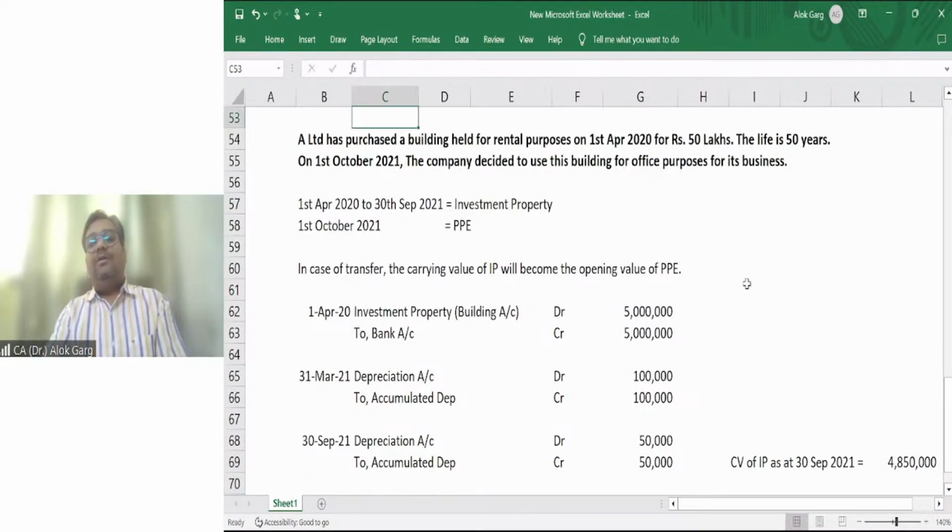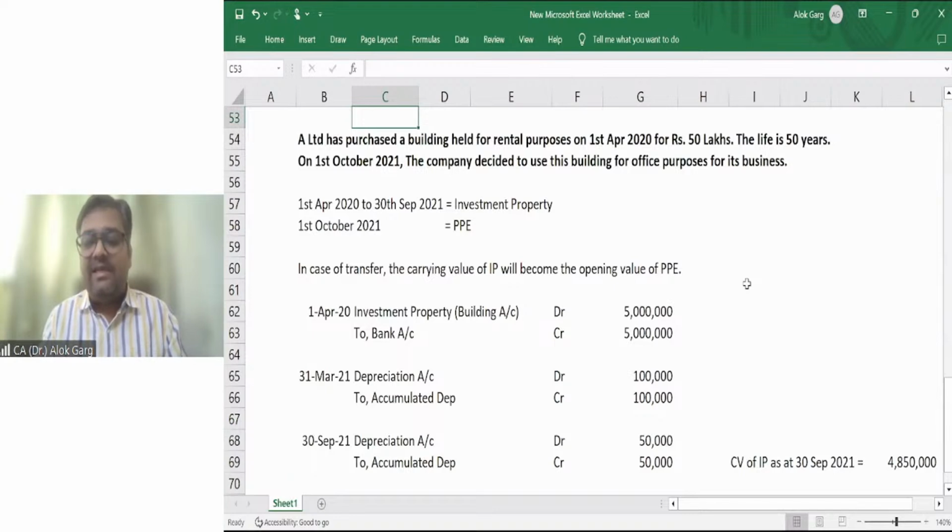So till that date, you need to compute the depreciation. You need to assess the impairment from the investment property standard, and after that, you will apply your inventory or PPE standard. But for arriving at the opening value, you need to compute the carrying value or closing value of the investment property.